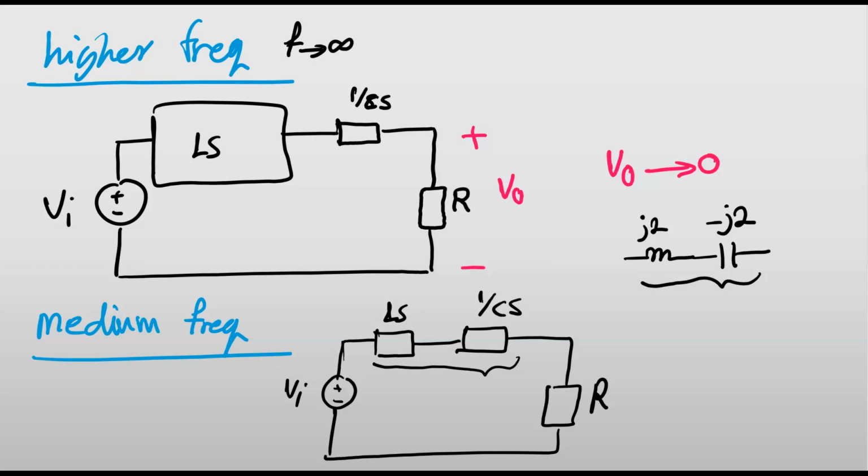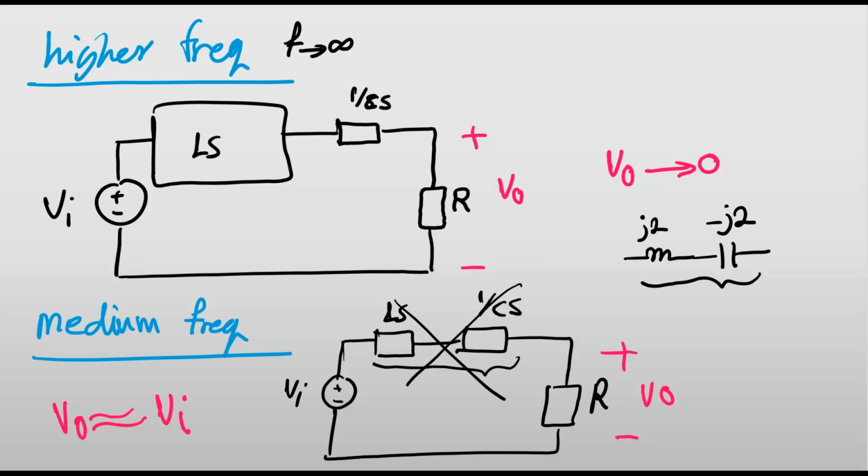So if you have an inductor and capacitor in series and they have the same amplitude for their impedance, they will cancel out the effect of each other, and then all your input voltage will reach your resistor. So in this scenario, your VO is very close to your input voltage.